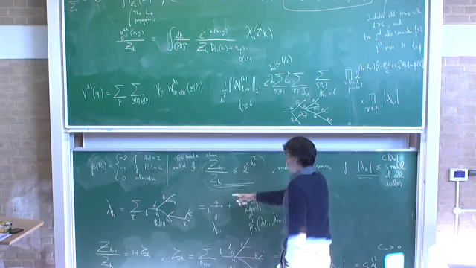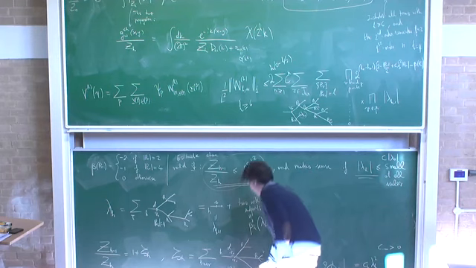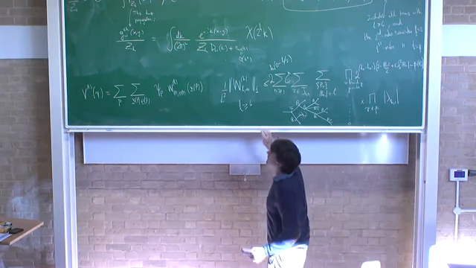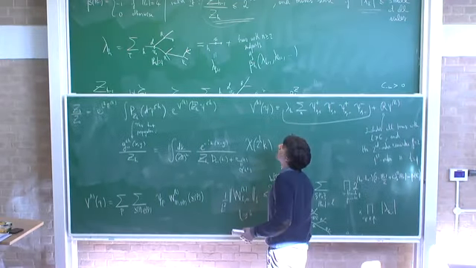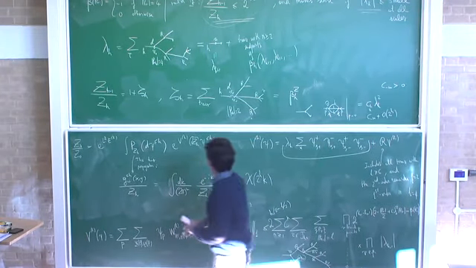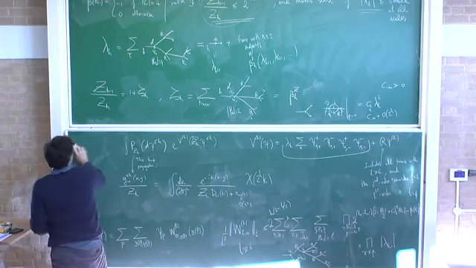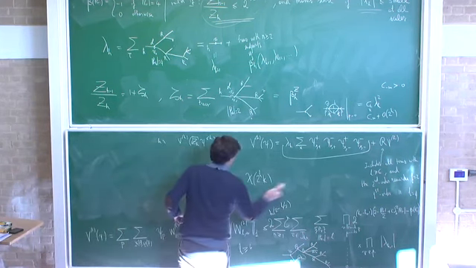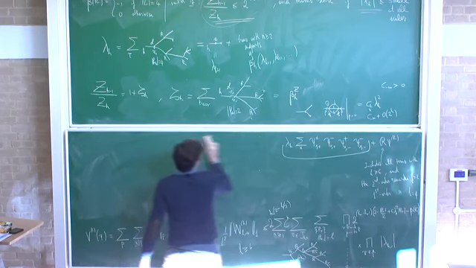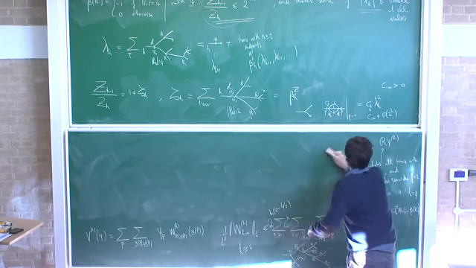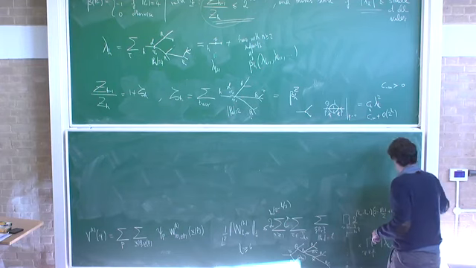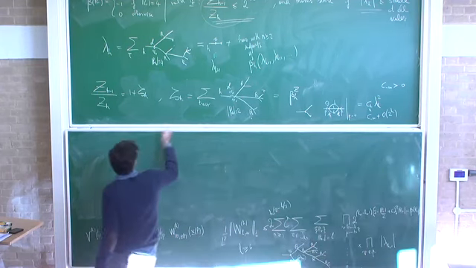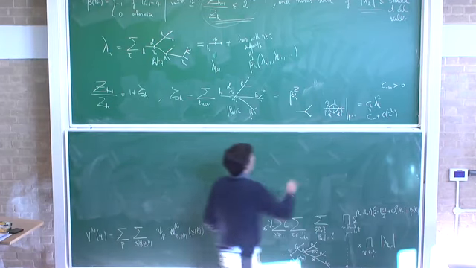Okay, what about the beta function for lambda? Let's again look at the lowest order contribution.